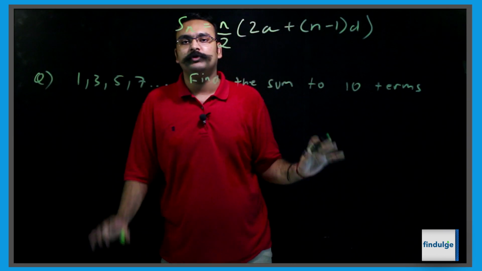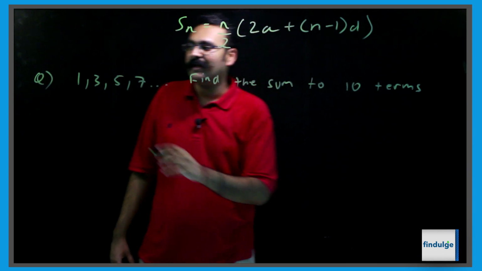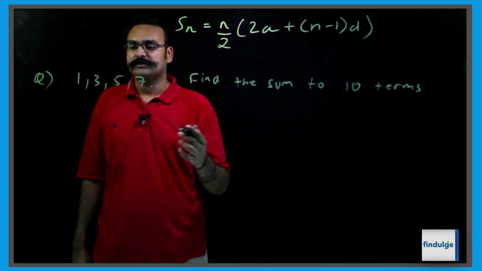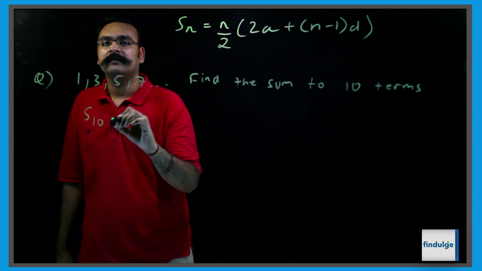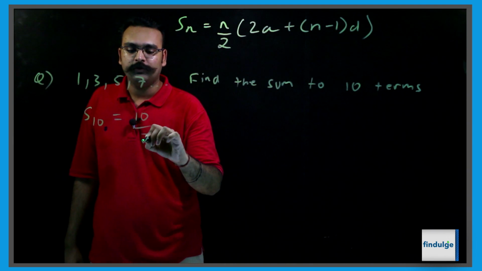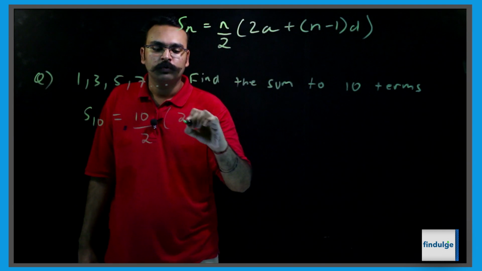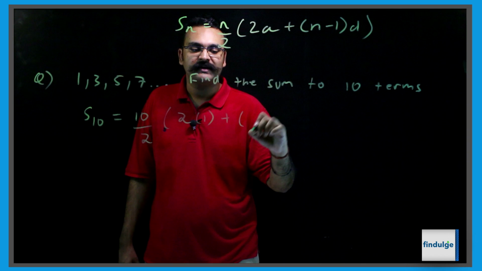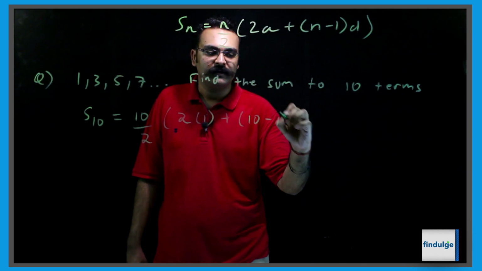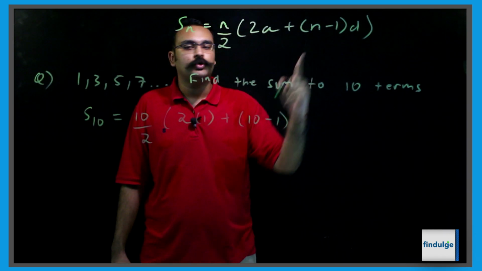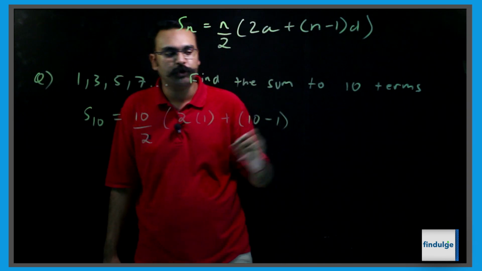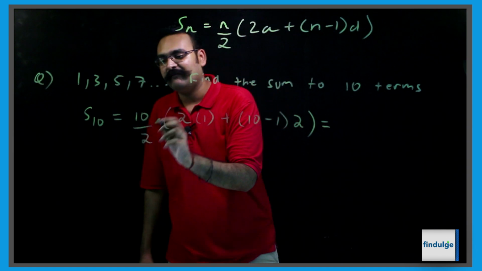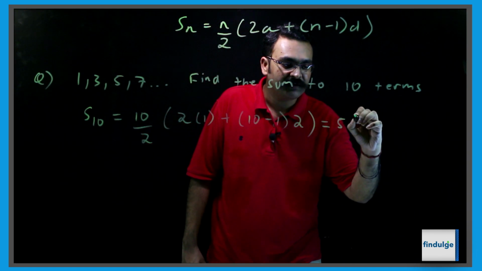Let's simply plug into our formula. n is equal to 10, a is equal to 1, common difference we know is equal to 2. So S10 will be equal to 10 by 2 into (2a, which is 2 times 1, plus (n minus 1), 10 minus 1, into common difference, which is 2). We can see 10 divided by 2 will become 5.